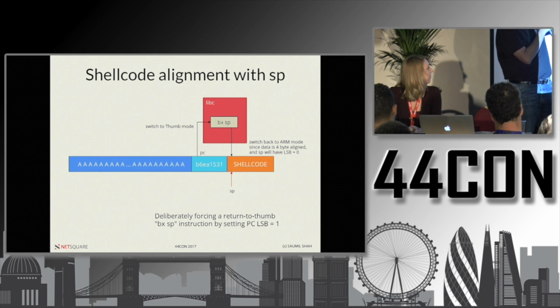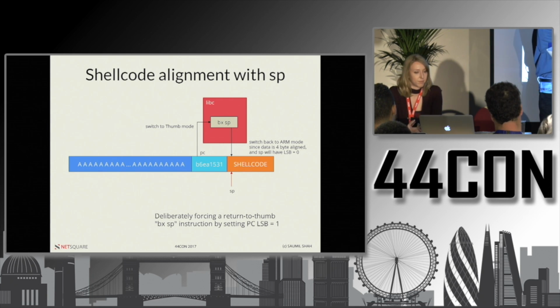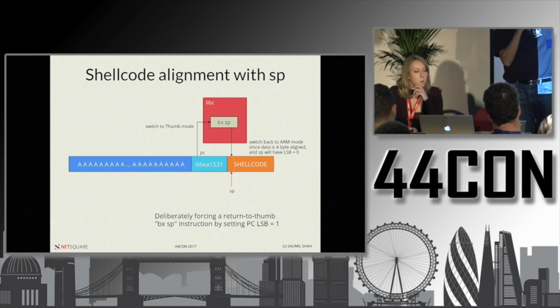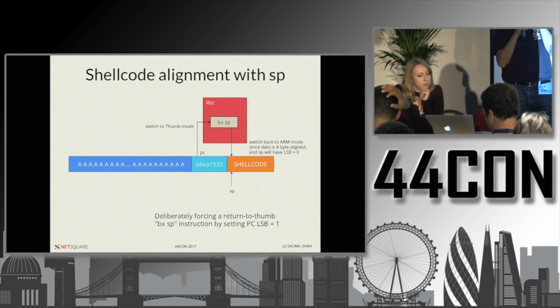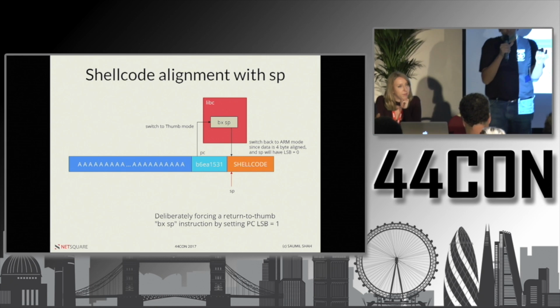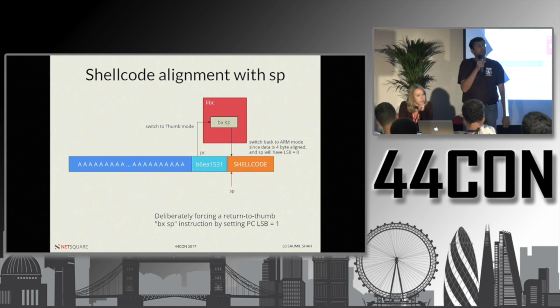So it doesn't matter what mode you were in, when you enter your shellcode, which is aligned at the stack pointer, you'll always be in ARM mode. Always. So yes, you want to write your shellcode in thumb, but you have to begin in ARM.